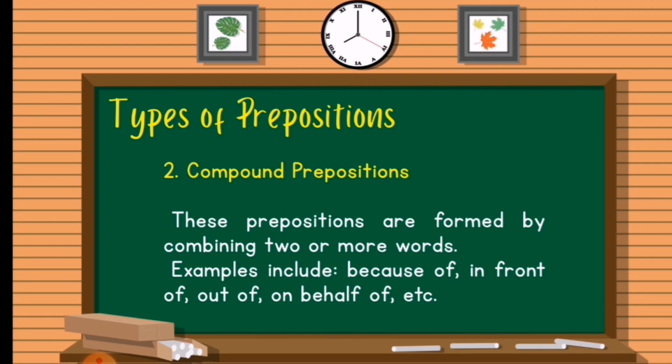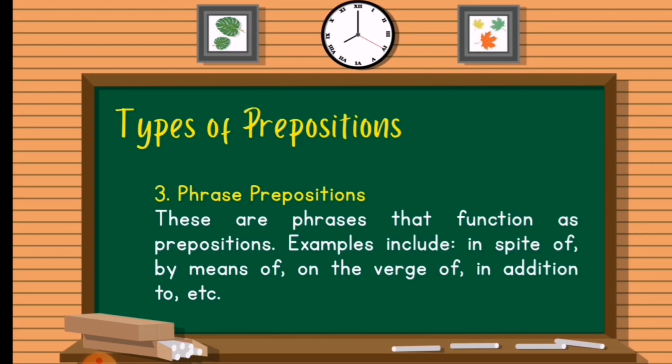The next type of preposition is the phrase preposition. So these are phrases that function as preposition. So this is just like the compound preposition that is formed by two or more words which are combined.